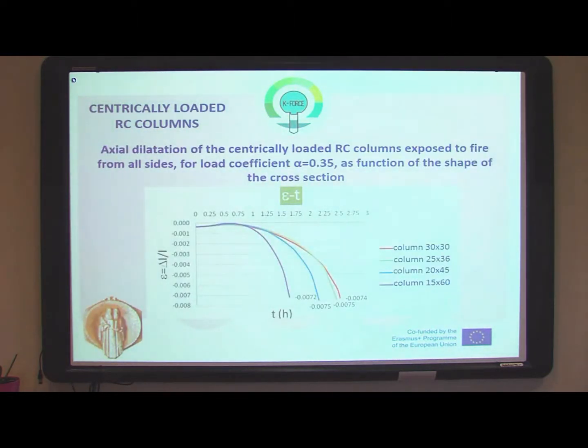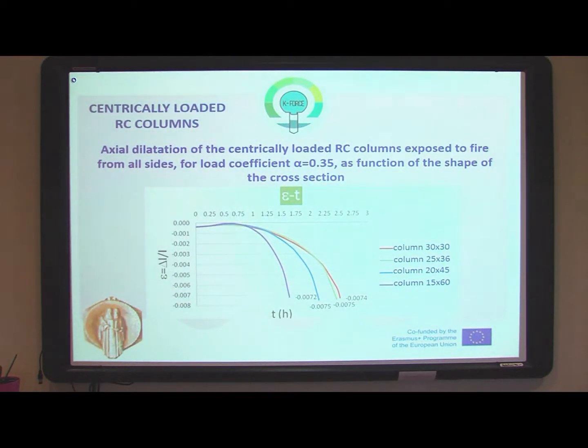The total axial dilatation of the column as a result of the total thermal expansion and the negative axial dilatation caused by the compressive axial force for all four reinforced concrete columns exposed to fire from all four sides and for the load coefficient 0.35 are presented on this slide.